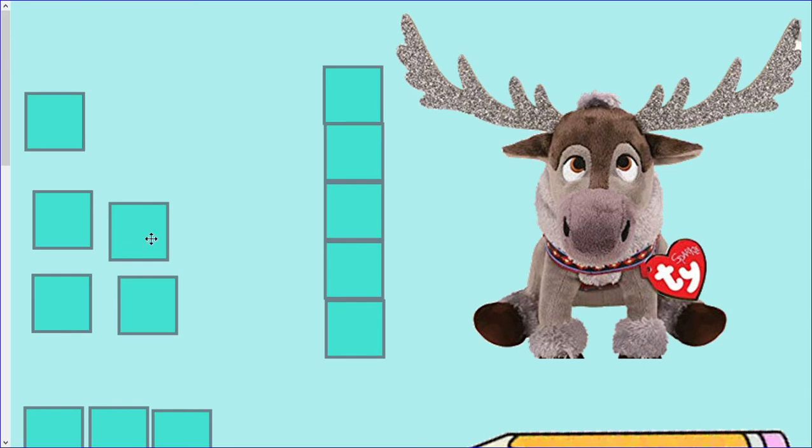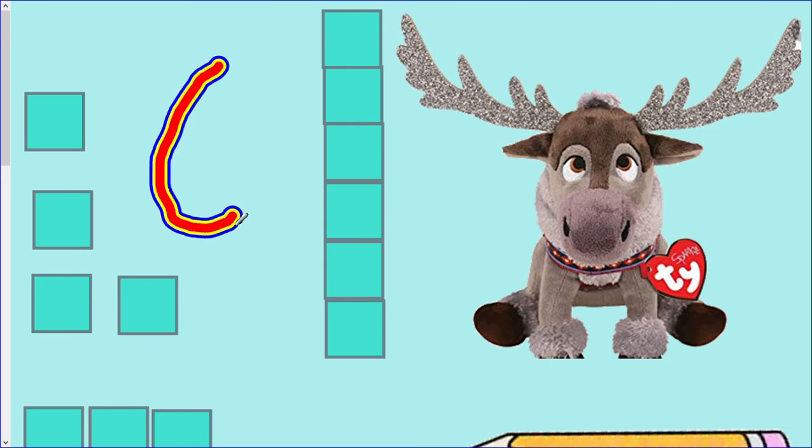Oh, we need another one to reach his antlers. And 6. We need to write a different number this time. Let's get our pens ready. Here we go, number 6, down the stalk and around the bubble.